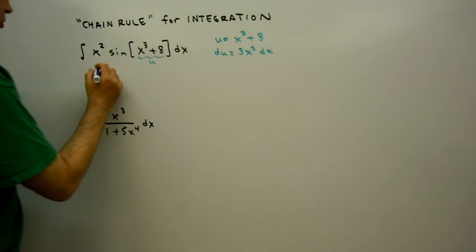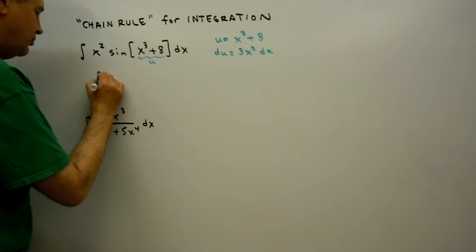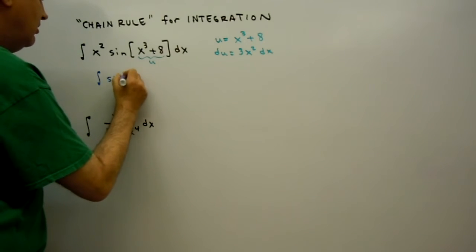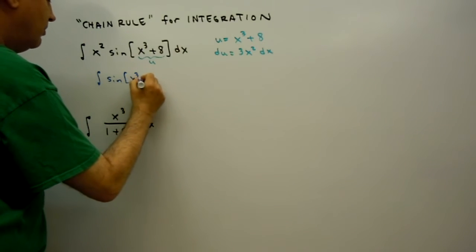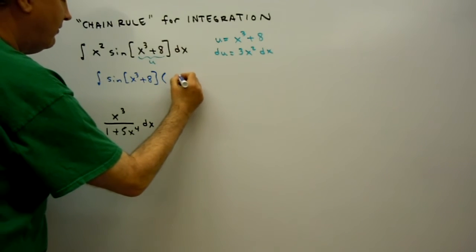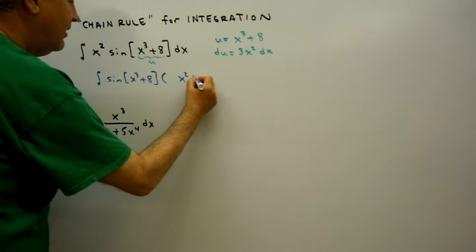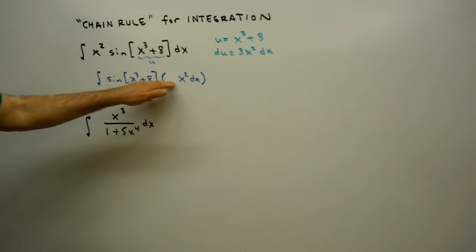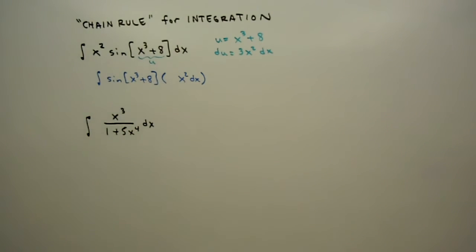So go ahead and writing this down again. We have the integral of sine of x to the third plus 8. And I'm going to write this on the outside with a little bit of space, x squared dx. And what we need to have here is the proper du, the proper derivative of that inner function.